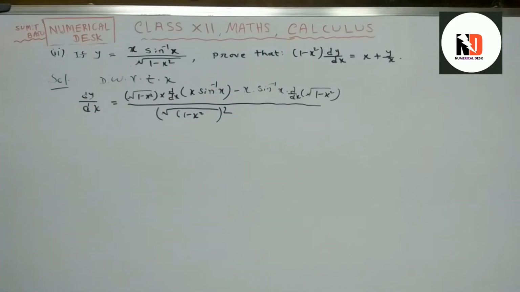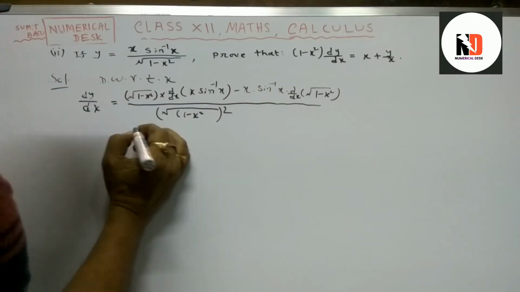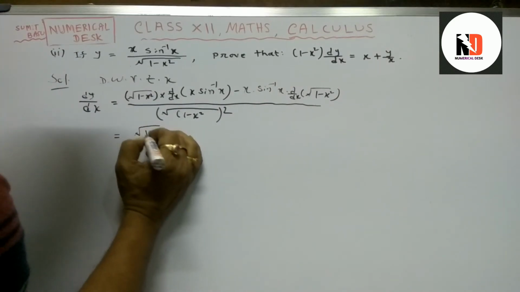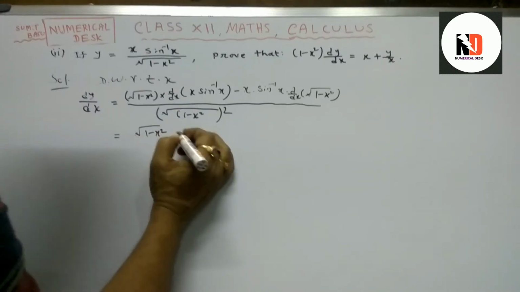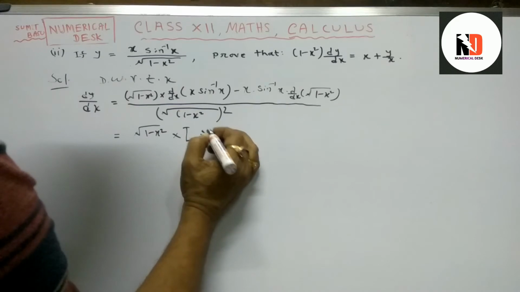Okay, so like the previous one, the quotient rule has been adopted, as in part 1. Now this is in the product rule, x into sin inverse x.